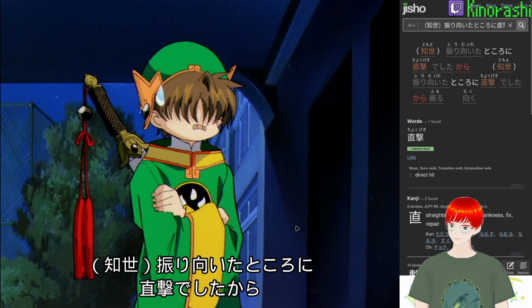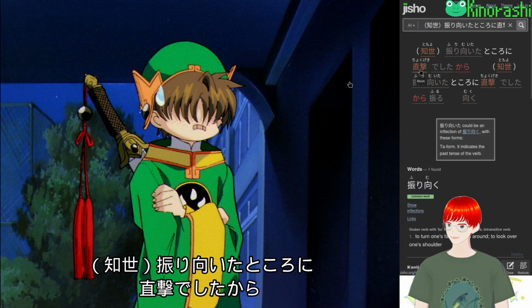So furimuita tokoro ni, so at the place of turning around, chokugeki deshita. So did a direct attack.